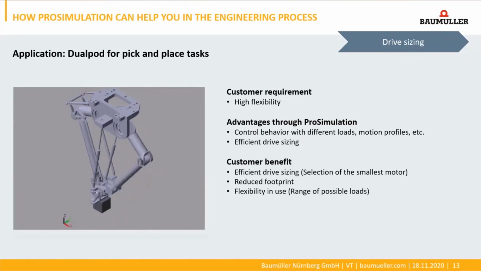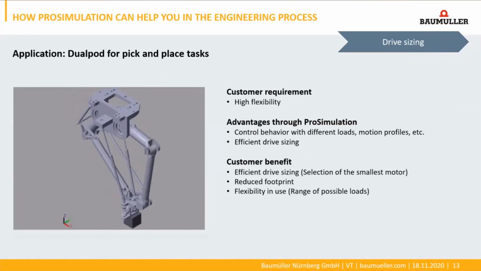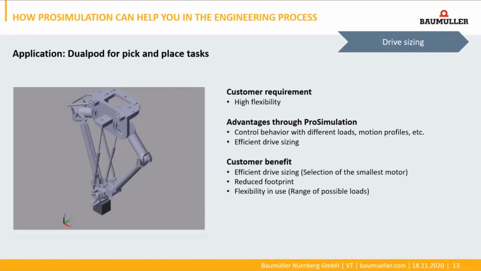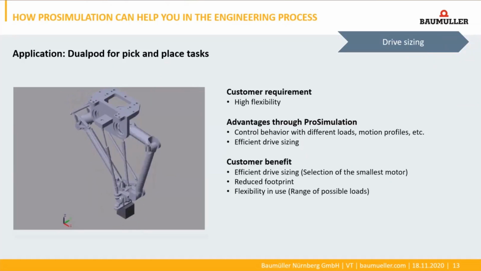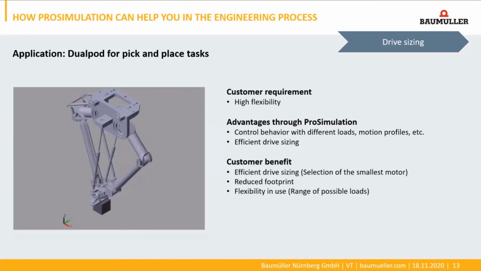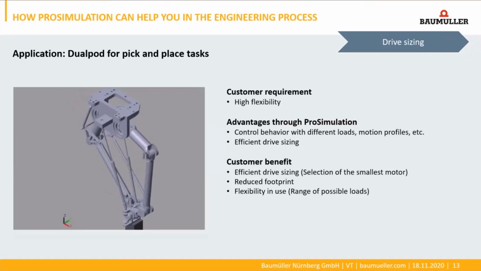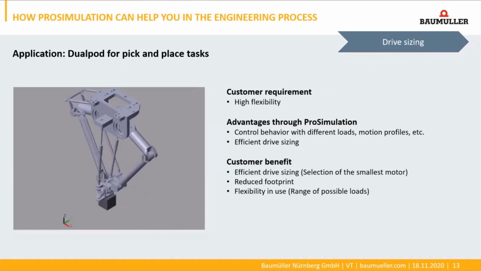Here we are able to use ProSimulation to show the control behavior with different loads and movement profiles of motor drive combinations, as well as optimally setting the drive and the required properties and thus dimensioning the drives as efficiently as possible.